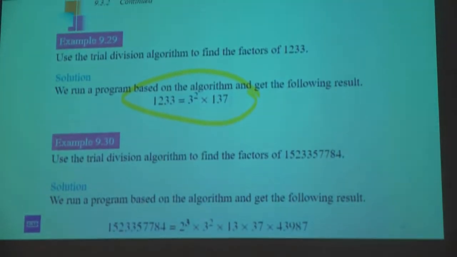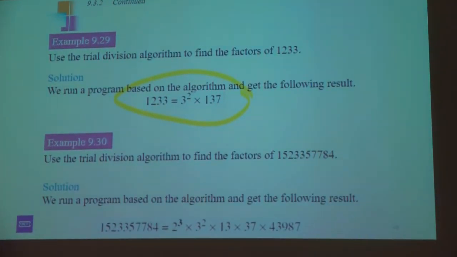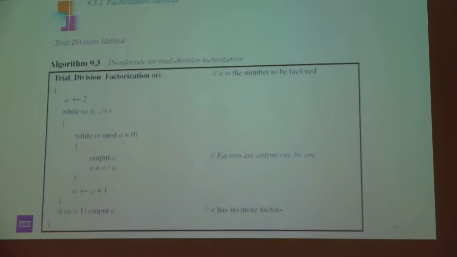This worked in here: 3 to the power 2 times 137. How about this bigger number? It was 2 to the power 3 times 3 to the power 2 times 13 times 37 times 4,003,987. So definitely it's not the way to go.